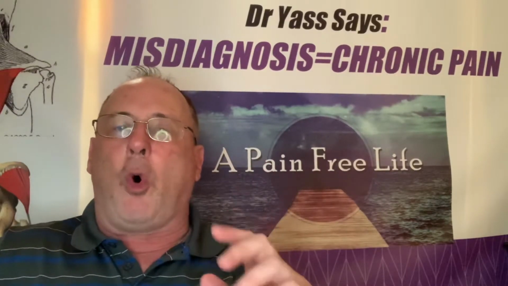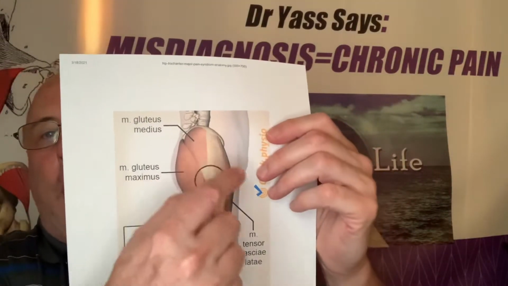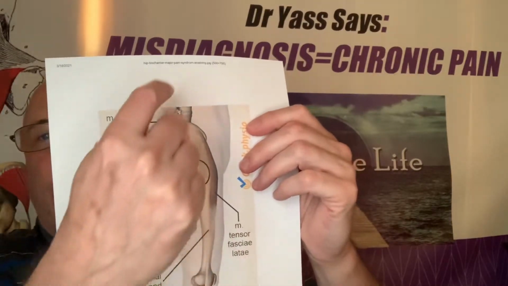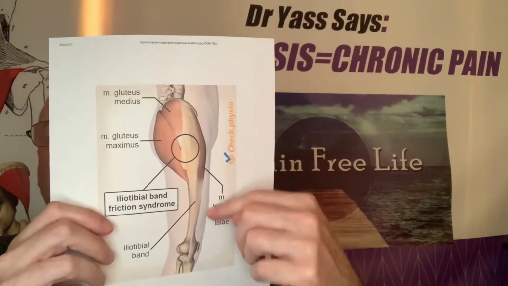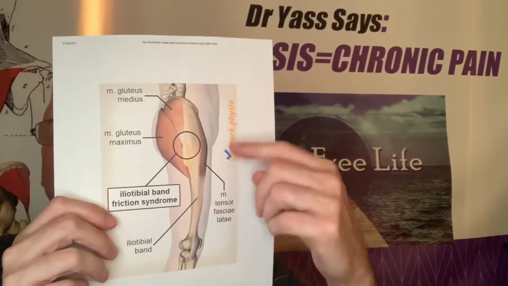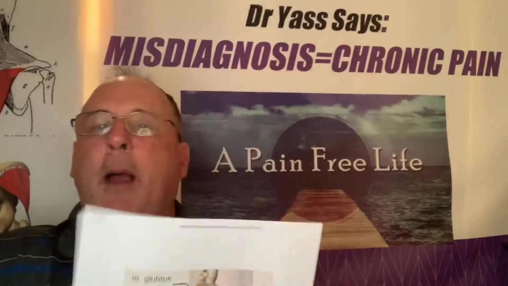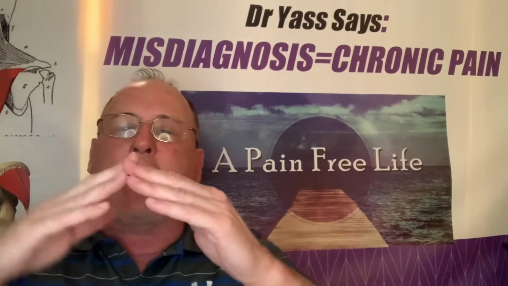So one other possible cause. I've talked about the primary cause of ITB tendinitis being this gluteus medius muscle. Well, let's talk about this other concept. In the front of the thigh is the quadricep muscle. If that were to strain, remember the quadricep extends the knee, straightens the knee.